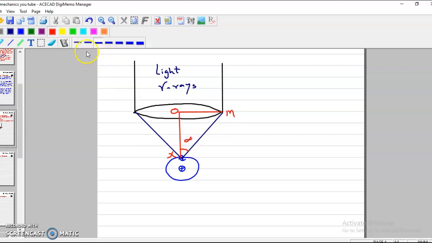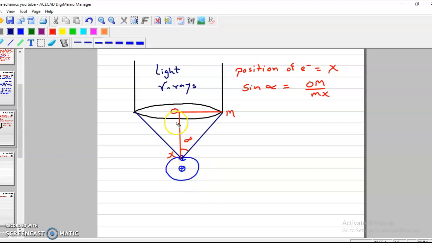So we can say that the position of the electron is X, and as this angle is alpha, sine alpha is equal to OM upon MX. If this is the position of the electron X, obviously the electron is continuously revolving around the nucleus.